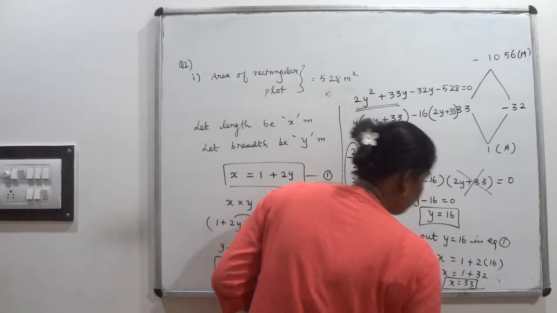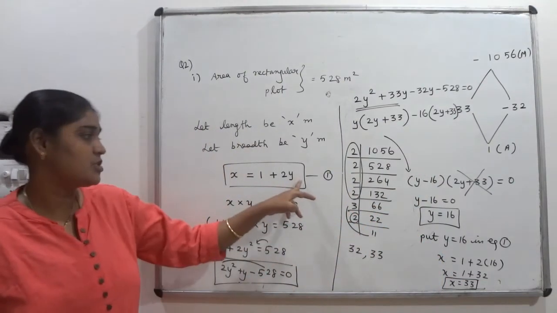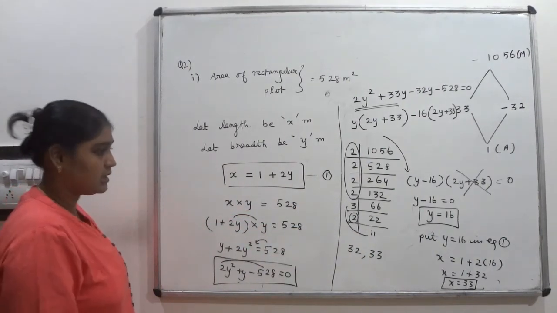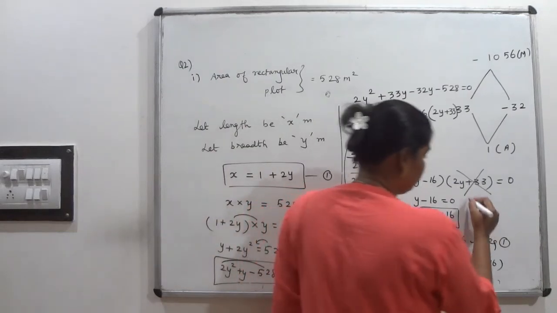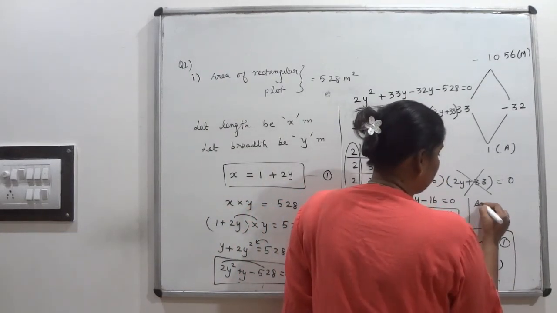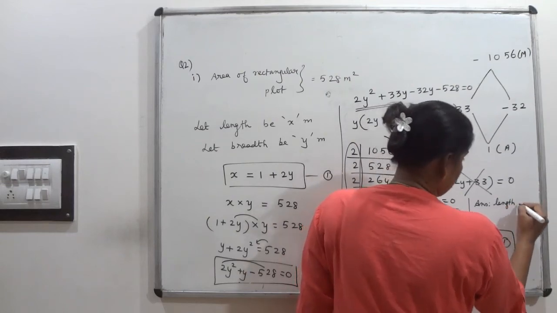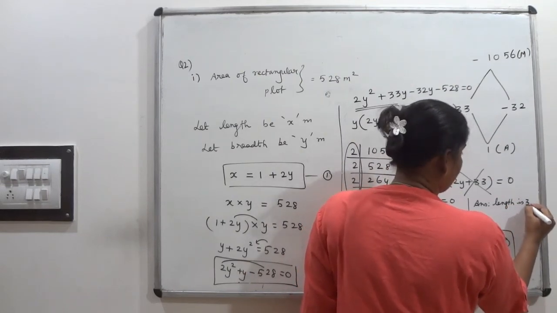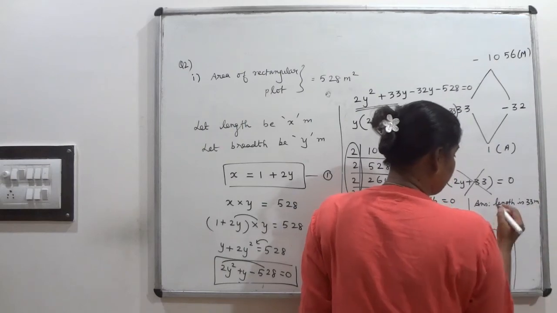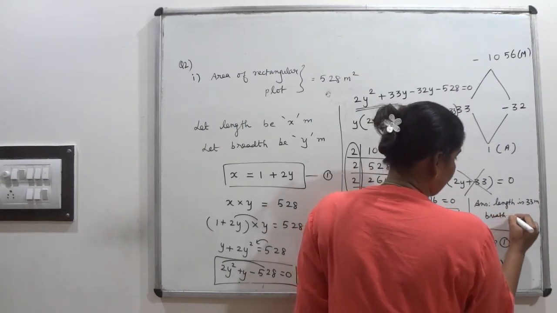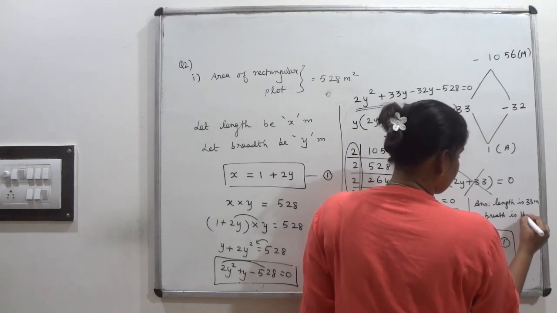So the length is 33 meter and the breadth is 16 meter. You have to write the answer at last. Answer: length is 33 meter. You have to mention the unit, it's a must. Breadth is 16 meter.